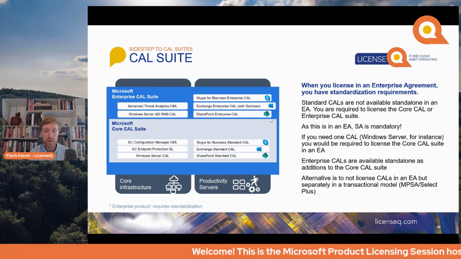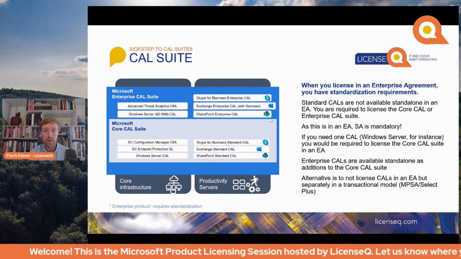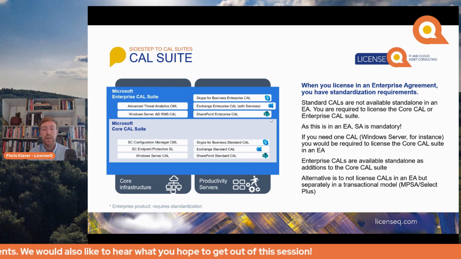The Enterprise CAL suite includes all the components of the core CAL suite, but it has the additive Enterprise Client Access Licenses, and it has the Windows Server RMS CAL and Advanced Threat Analytics. Please note, Advanced Threat Analytics is a security feature, and it will most likely be end of life pretty soon.